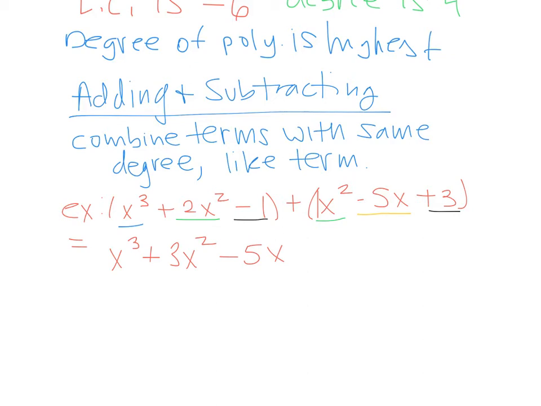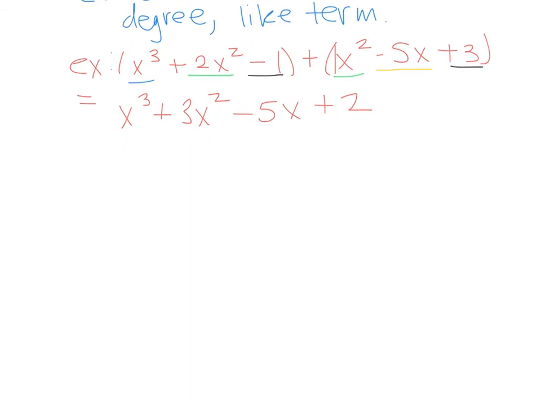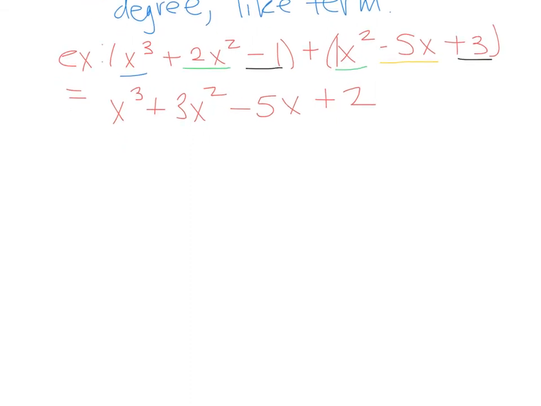And so combining those, negative 1 plus 3, you get a plus 2. Okay, so that's the result when we add those two polynomials together. We're just combining terms with like degree, and we do that by adding the coefficients.